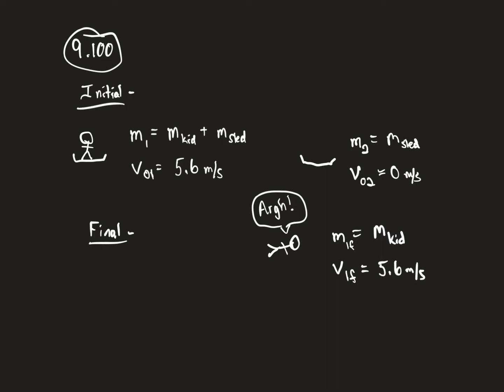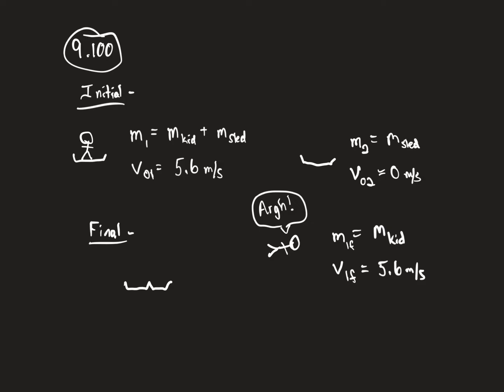Is that the only thing that's moving in the final? Nope. What happened to the two sleds? They collided and stuck together, and they're moving now. So in the final situation, I also have these two sleds. Being that they're stuck together, is that considered a perfectly inelastic collision? Yep.